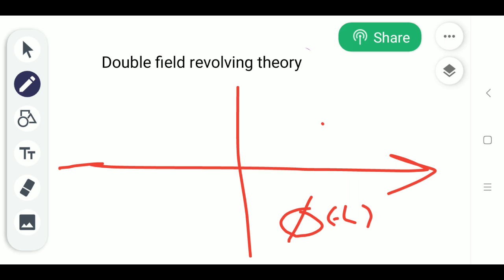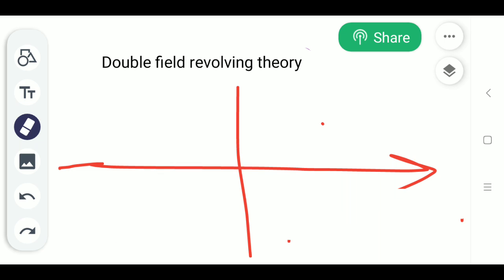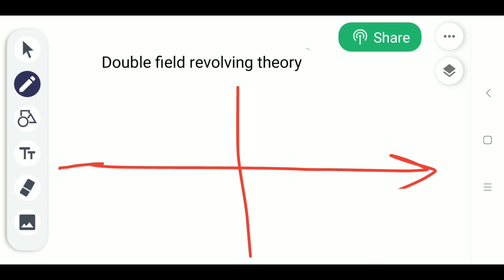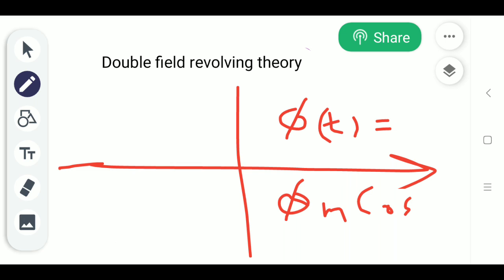The flux is equal to phi m cos omega t. So let us say phi t equals phi m cos omega t.